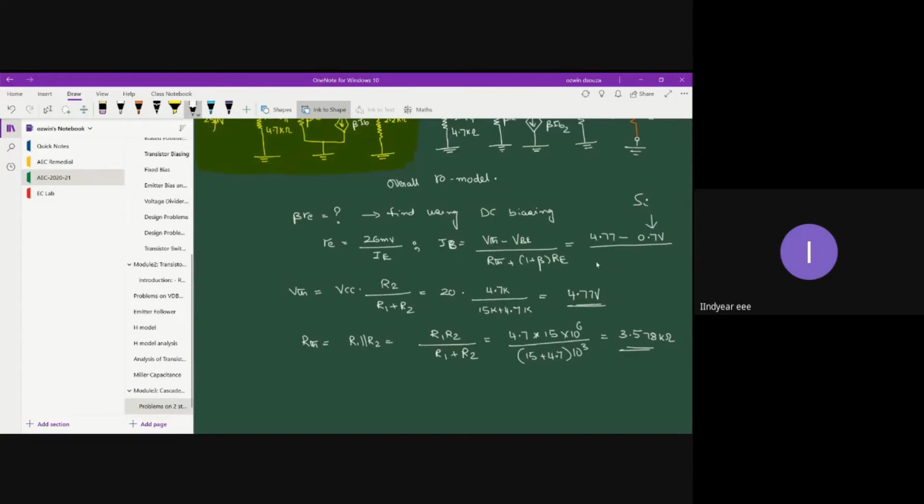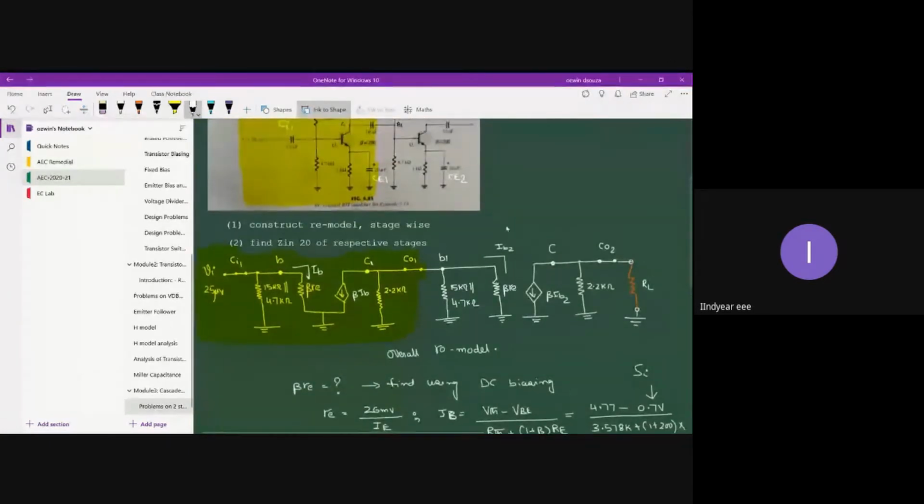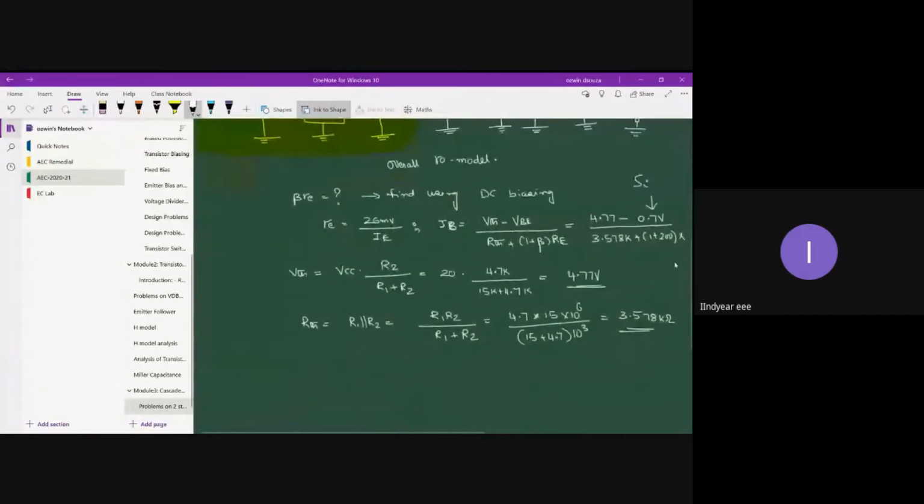0.7 divided by RTH, that is 3.578 kilo plus 1 plus 200 into RE, right? So what's the value of RE? It is 1 kilo, 1 into 10 to the power 3. So how much will you get IB as?